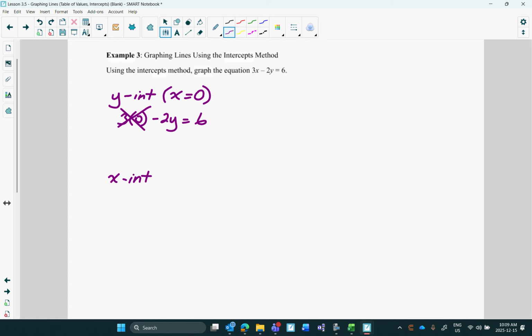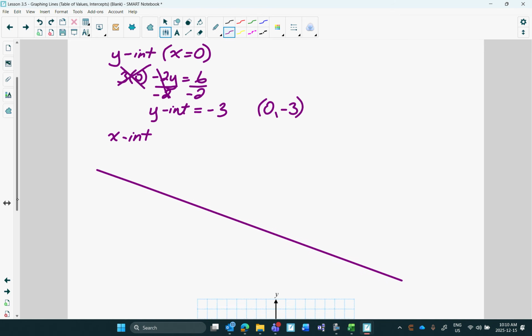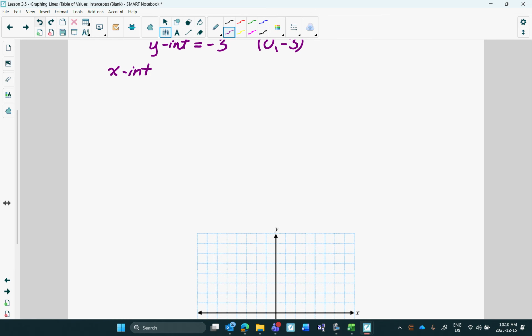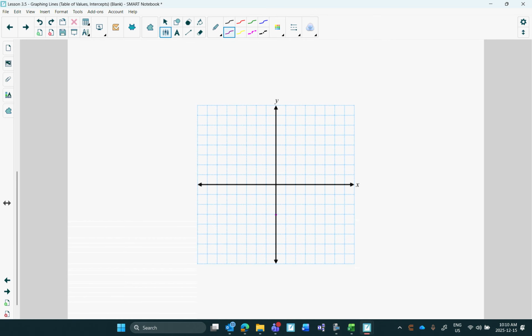So that just disappears. How do I solve for y here? Divide by -2. Therefore, the y-intercept is going to be -3. And what point on the graph is this? It's 0, -3. So plot that point.